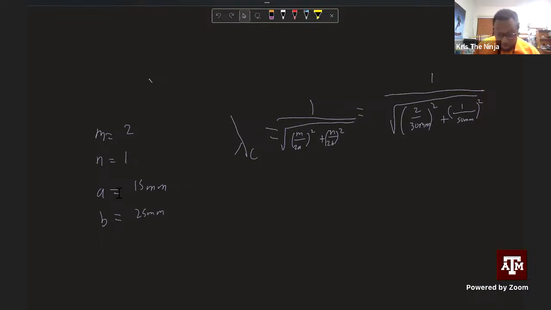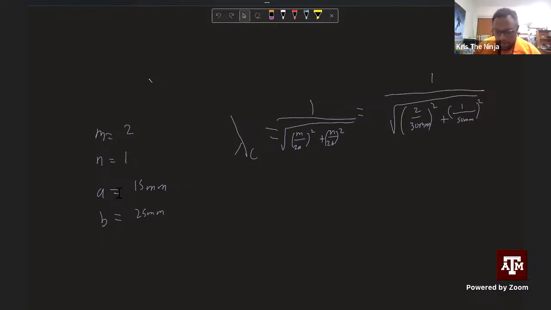So square those two and add them. Wait, did I do this right? Oh, yes, I did, because I'm dividing by a larger number.